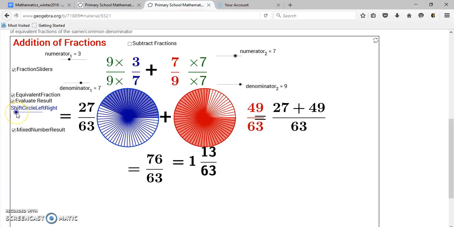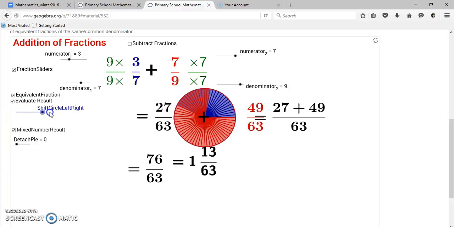And by shifting this circle from the left into the right, you can see the extra pieces that are left over. And so you see that there's a whole part filled up, along with 13 additional pieces out of the 63. So you get 1 and 13/63.